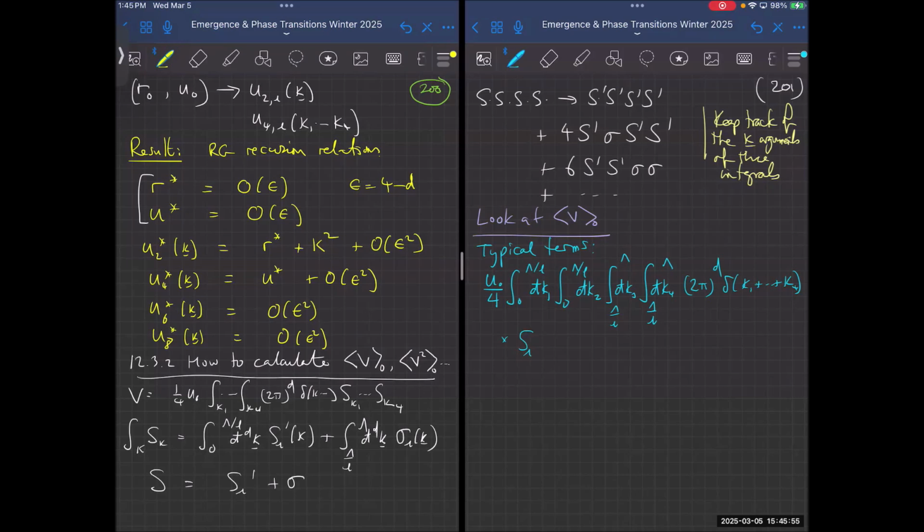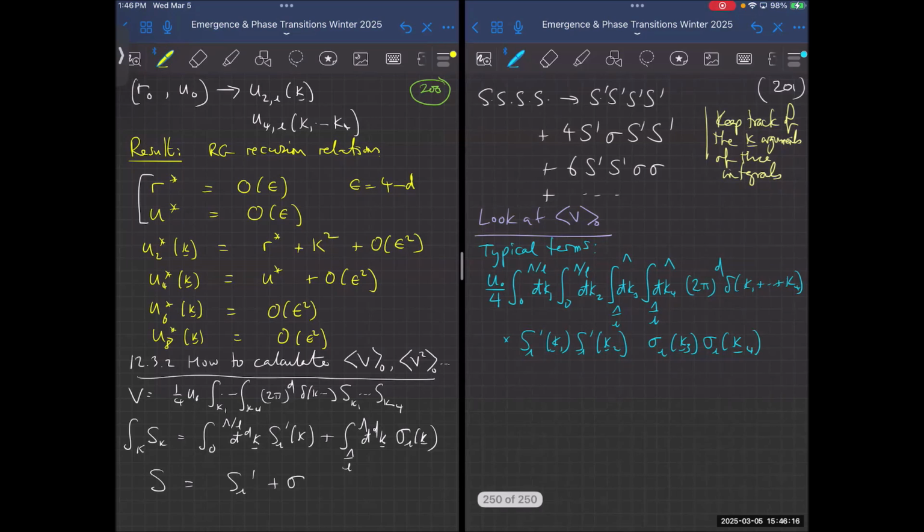Well, the first ones are two factors of S L prime of k1, S L prime of k2, and then sigma L of k3, sigma L of k4, and we're doing the expectation value of this with respect to the zeroth order Hamiltonian, so we put an angle bracket around those terms. So we have to do that integral. S prime is just numbers as far as the integral over sigma is concerned. Remember that this is only integrals over sigma.